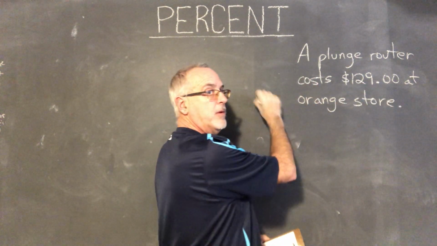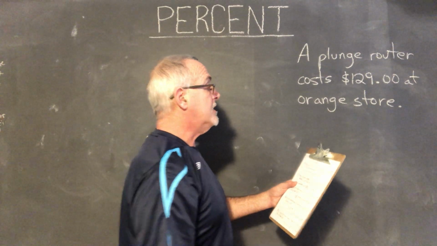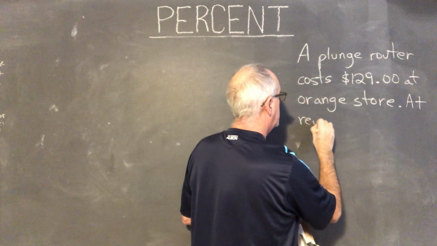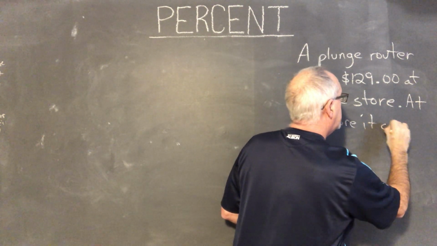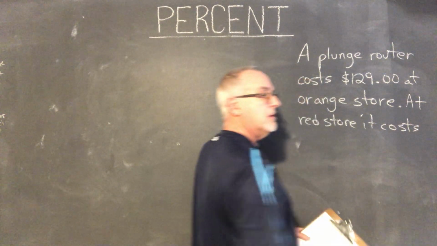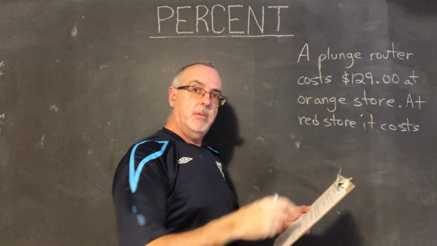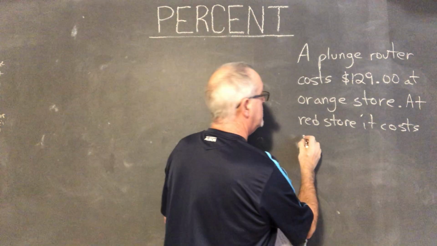I guess I should put the word "the" here, but I didn't. Okay, at orange store. At red store, it costs, now I would show you what a plunge router is, but I don't have one, which is why I'm shopping for one. At the red store, it costs $153.